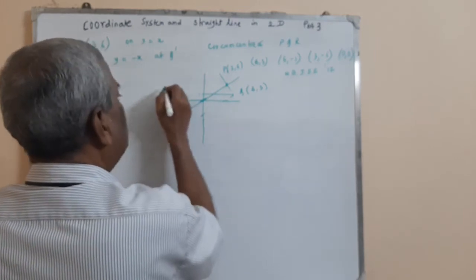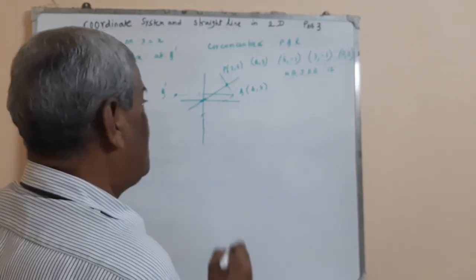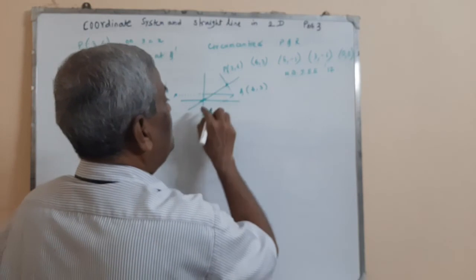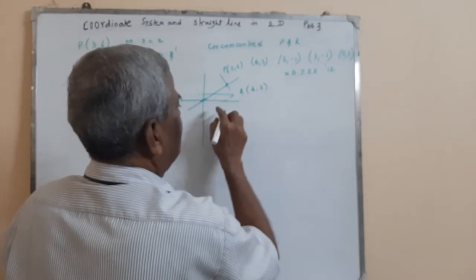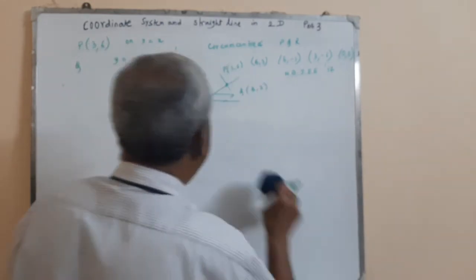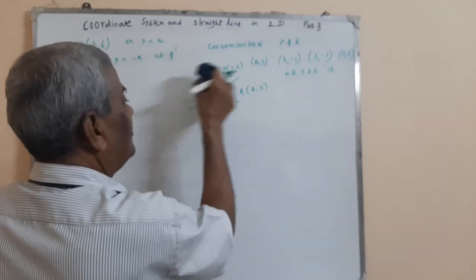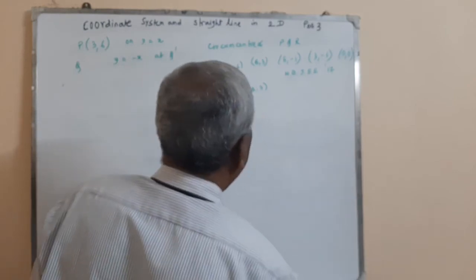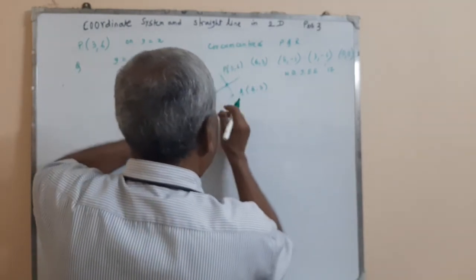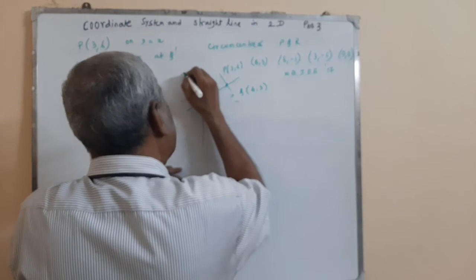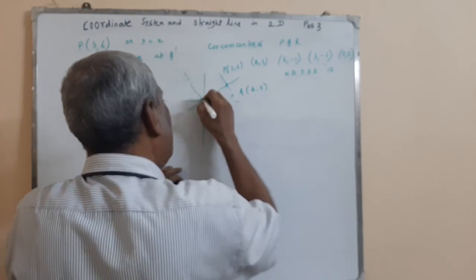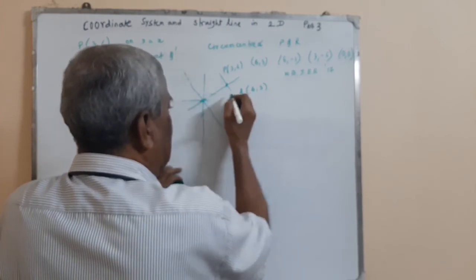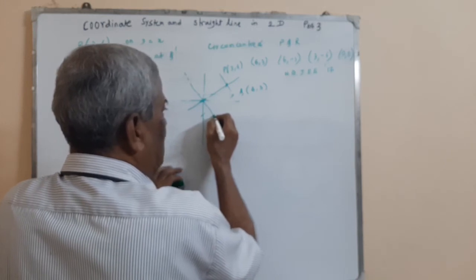The point Q dash is obtained when reflected with respect to y is equal to minus x. That point is reflected with respect to that line.